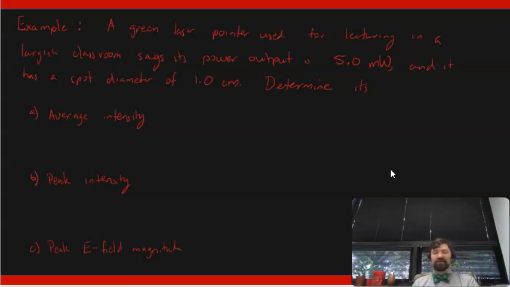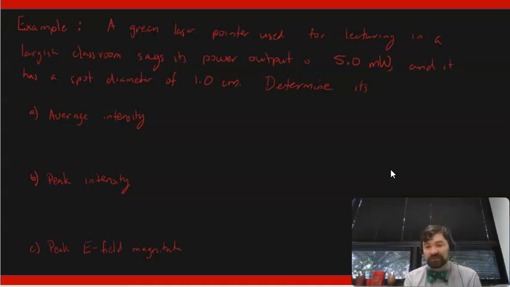Typical values for a green laser pointer wavelength are 515, 520, or 532 nanometers. Typical power output is 1 or 5 milliwatts for this lecture style. It usually says less than about 1 or less than about 5, usually 5 for a lecture hall.